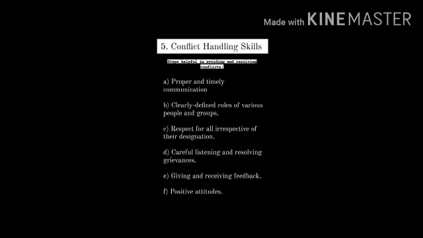Conflicts may arise due to several reasons such as difference in interests, perceptions, etc. The following steps can be helpful in avoiding and resolving the conflicts. A. Proper and timely communication. B. Clearly define roles of various people and groups.